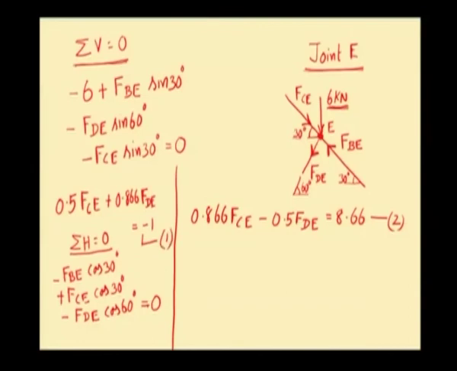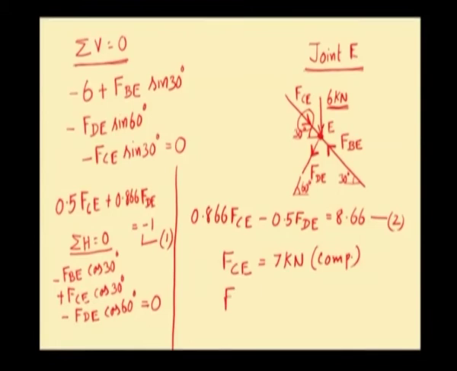Now, we have two equations in which the unknown quantities are FCE and FDE. So, solving these two simultaneous equations, we can get the value of FCE. FCE will come as 7 kilonewton. So, FCE comes as positive, which means that our assumed nature of force for the member CE, compressive, is right. So, FCE will be 7 kilonewton compressive.